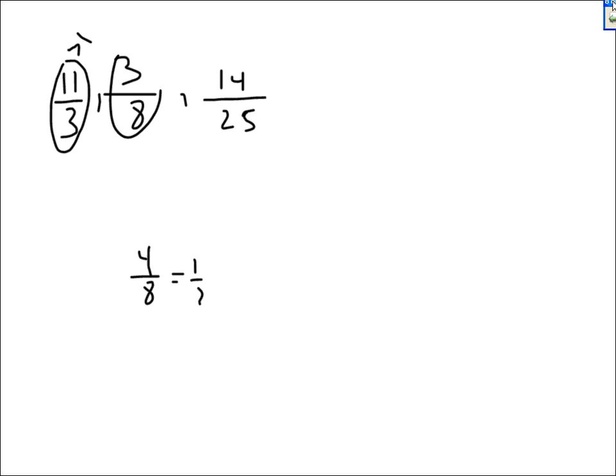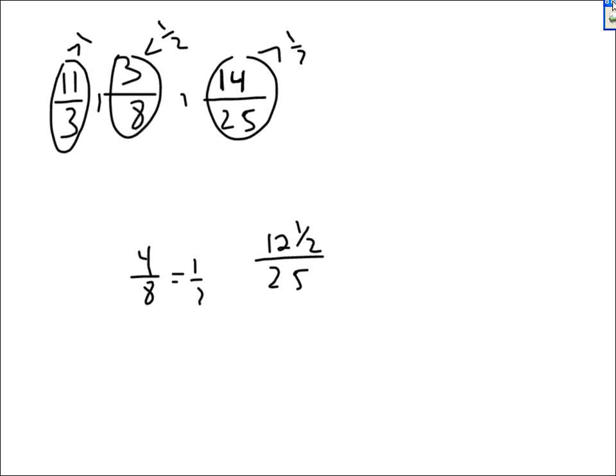So 3 over 8 is less than a half. Now this number is less than 1. Now, when it comes to 25, half of it is 12 and a half. 12 and a half out of 25 is a half. You have more than 12 and a half. You have 14. This is bigger than a half.